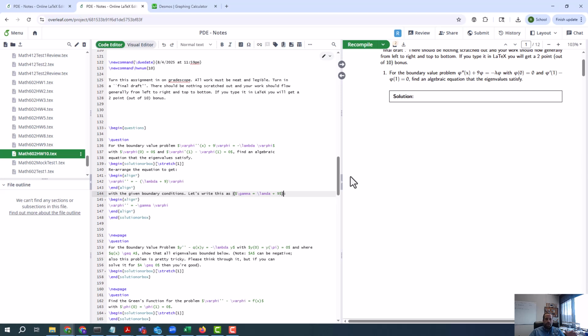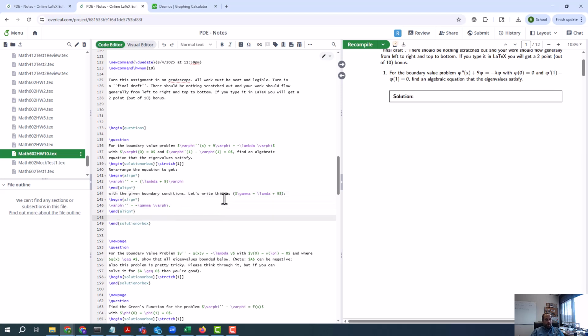And I want to show something about gamma, basically that gamma has to be non-negative. Now that's not going to mean lambda has to be non-negative. It's going to mean lambda plus 9 has to be non-negative. So we want to show that gamma is greater than 0.